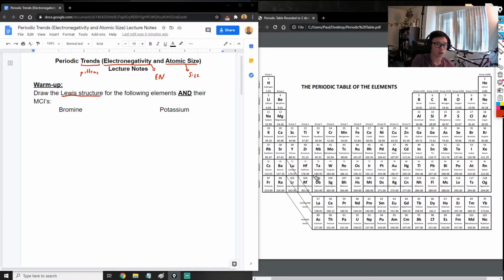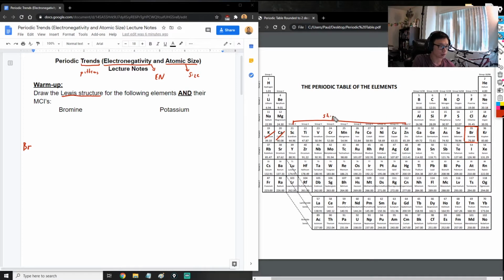If we look for bromine on the periodic table, you'll notice that bromine is right here. It's in the fourth row. To draw the Lewis structure for bromine, we just need to write Br, and count how many boxes it takes to get to bromine in that row. So 1, 2, and we know that this section right here in the middle, we can always skip.